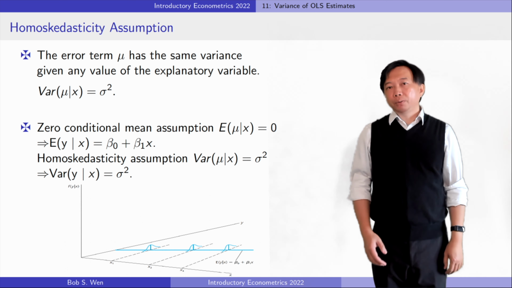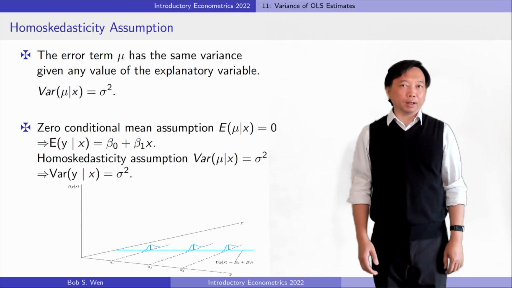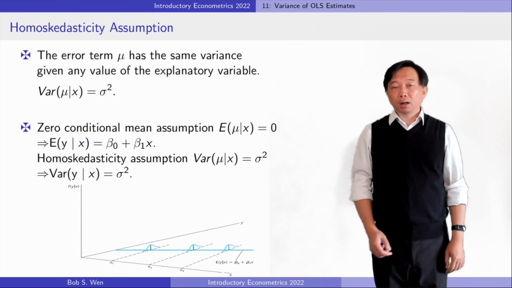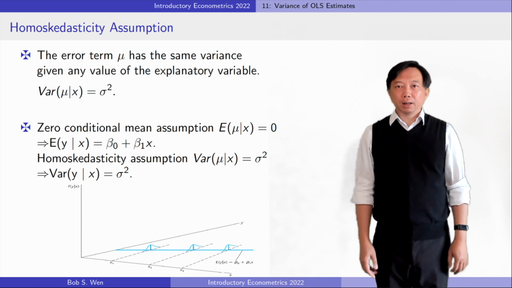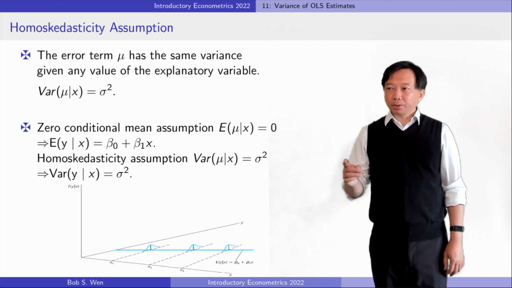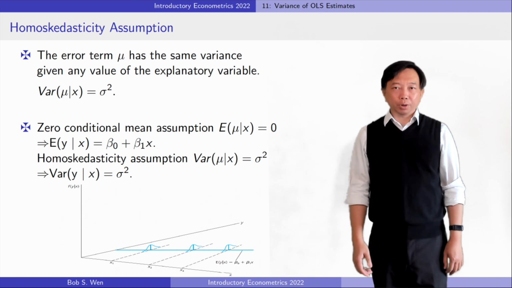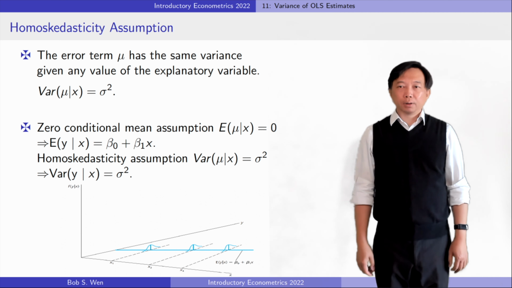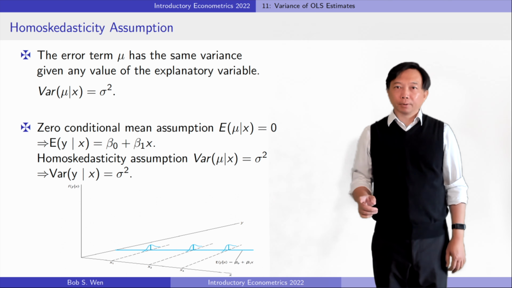With the zero conditional mean assumption and the homoscedasticity assumption, we can graph the population model. The zero conditional mean assumption implies that the conditional expectation of y given x is linear in x. It's a straight line.